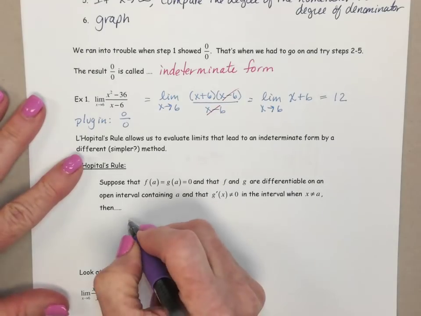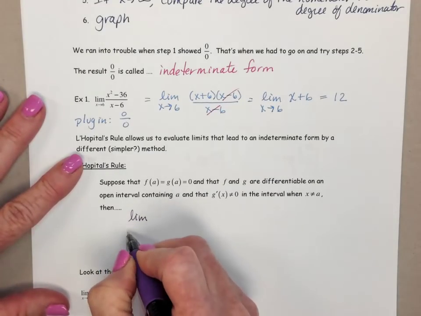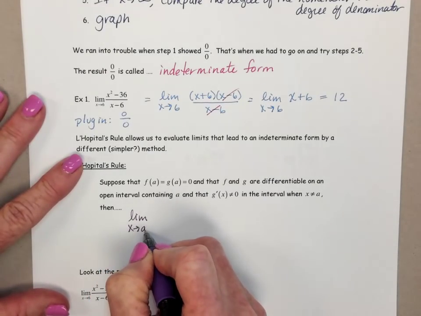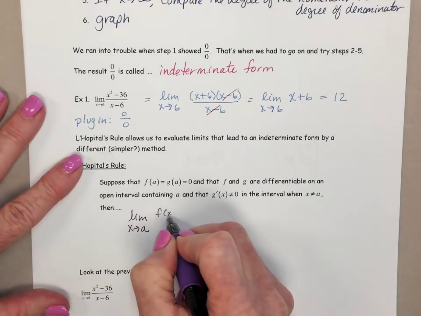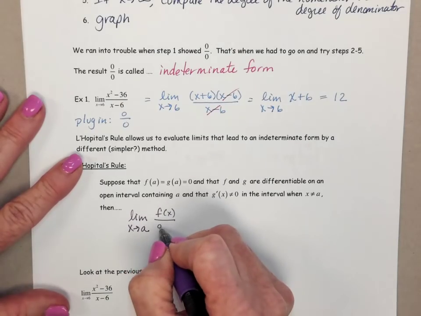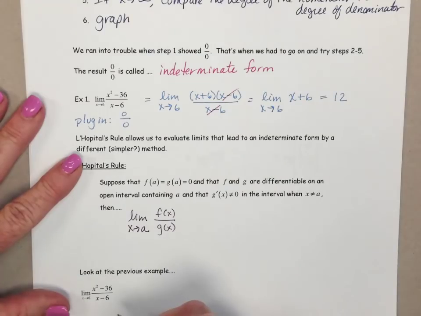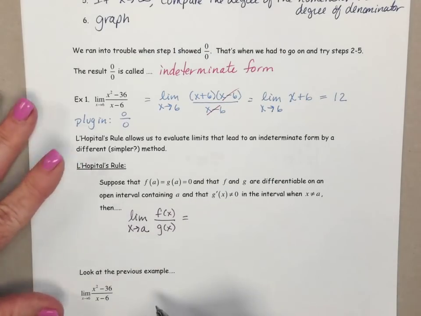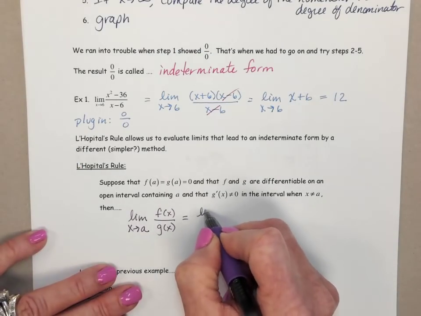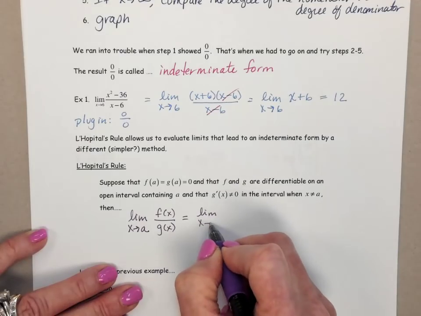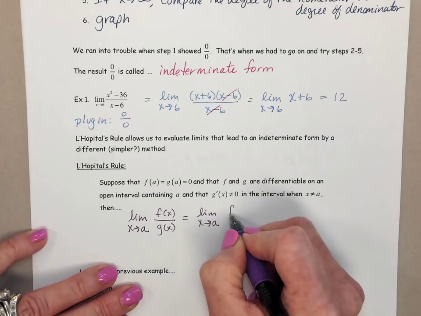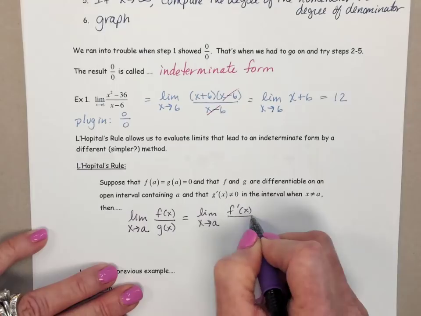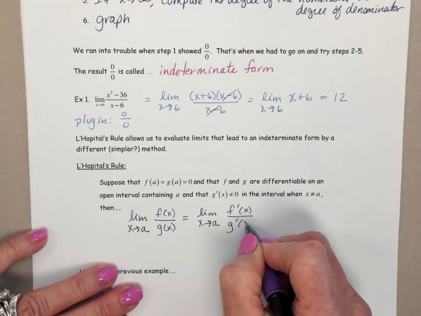This says that the limit as x approaches a of f of x divided by g of x is exactly the same thing as the limit as x approaches a of f prime of x divided by g prime of x.